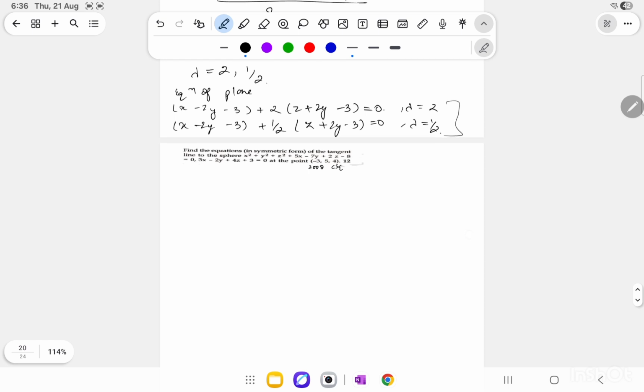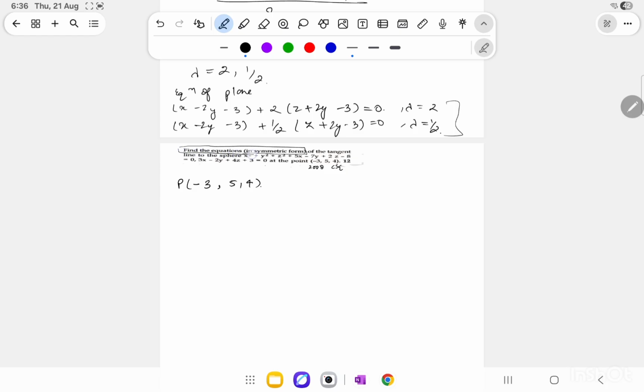So let's move on to the next question. The next question is: find the equation of the tangent line to this sphere at the point (minus 3, 5, 4), and find the equation in symmetrical form.